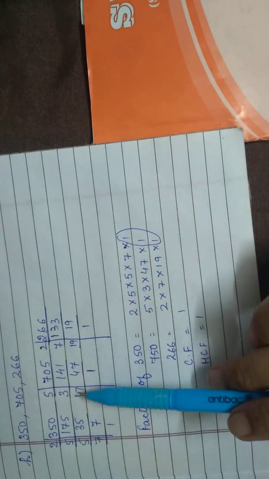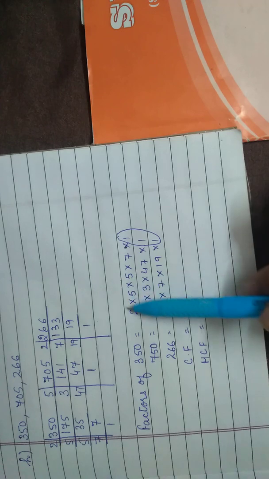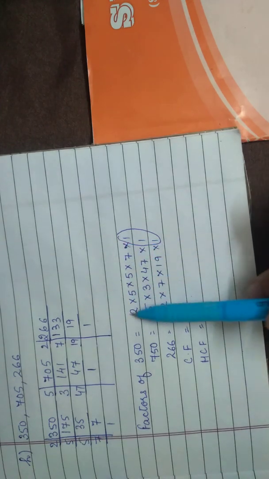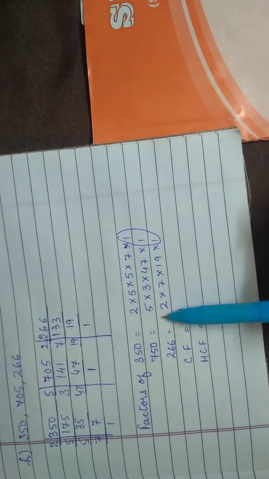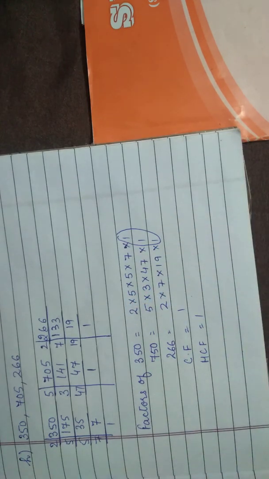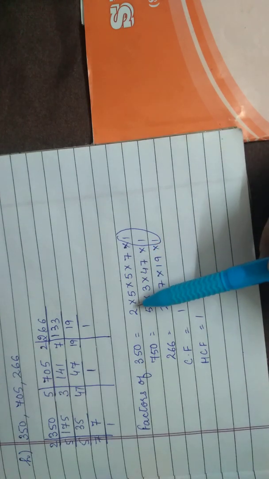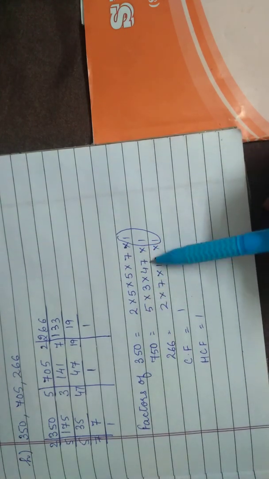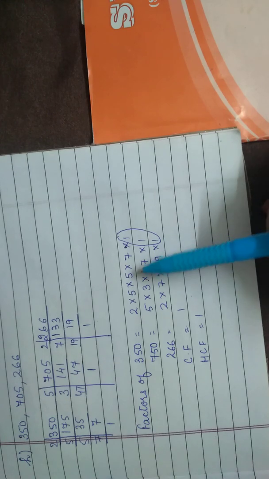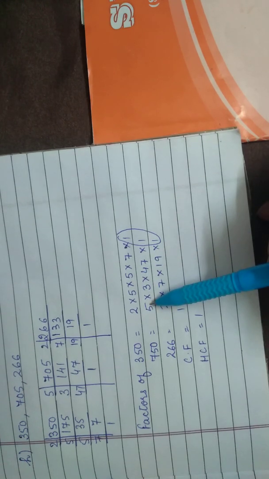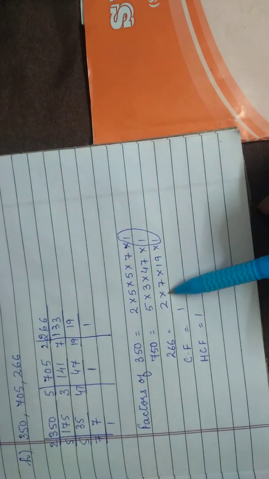In this question when you write the factors, there is no common factor. 2 is here, but there is no 2 on this side. Okay, 5 is here, also in the second, but in the third there is no 5.